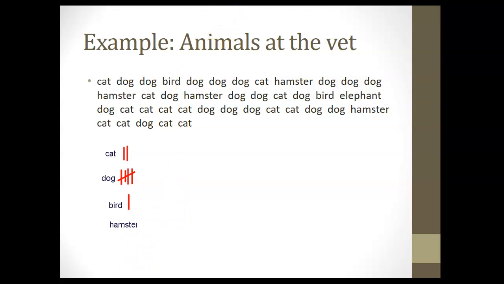So make a mark for that. Then we have another dog, and another dog, and another dog. Notice we're at the end of the first line now. Now we have another hamster.